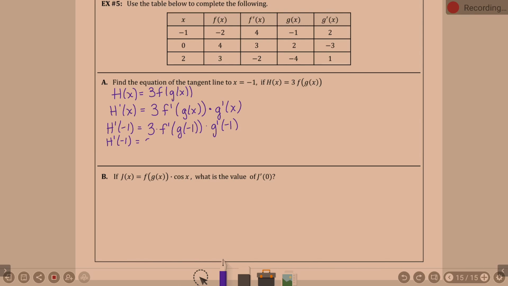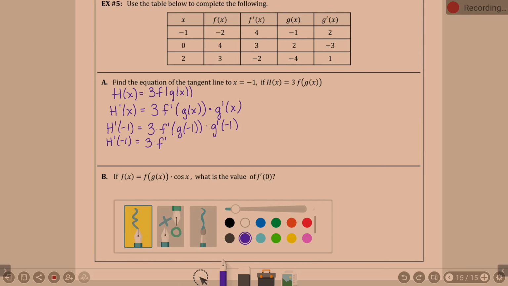Now, f prime of g of -1. What do you have to do first here? Get g of -1. So don't worry about f prime yet. It carries along. What is g of -1?